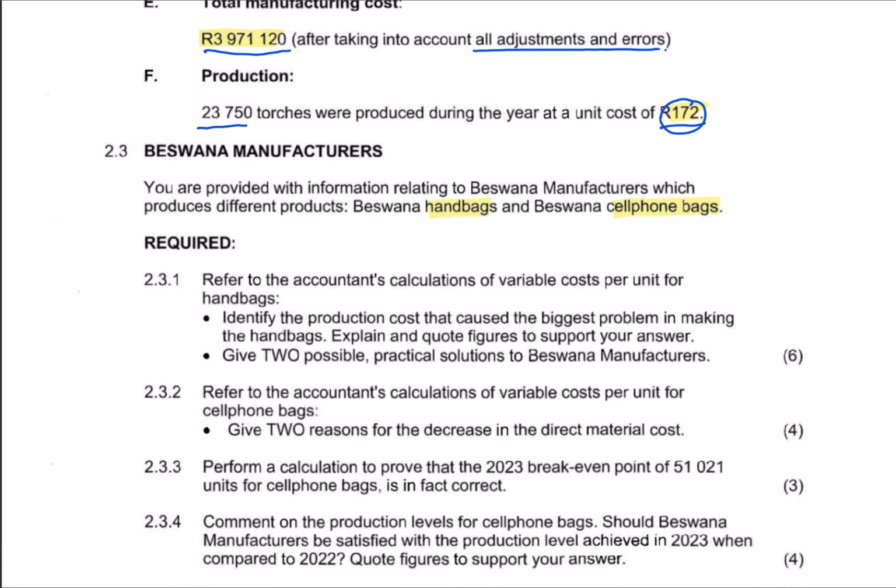Required, refer to the accountant's calculation of variable cost per unit for handbags. Right. Identify the production cost that caused the biggest problem in making the handbags. Right. So you're identifying the production cost. Explain and quote figure to support your answer, and give two possible practical solutions to Botswana manufacturers.